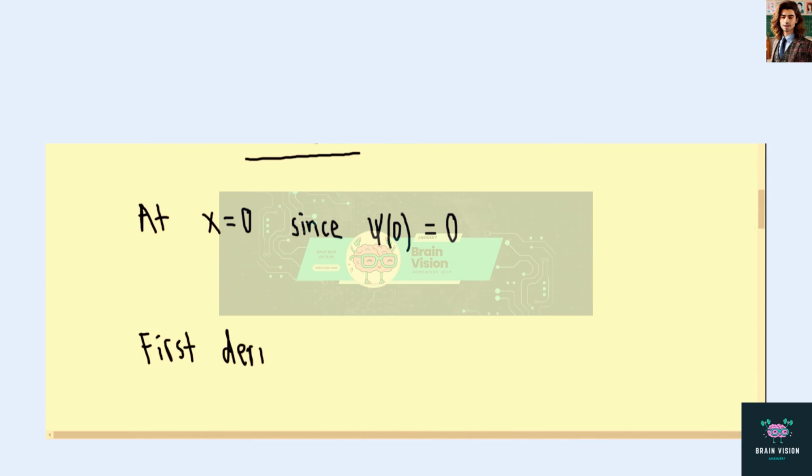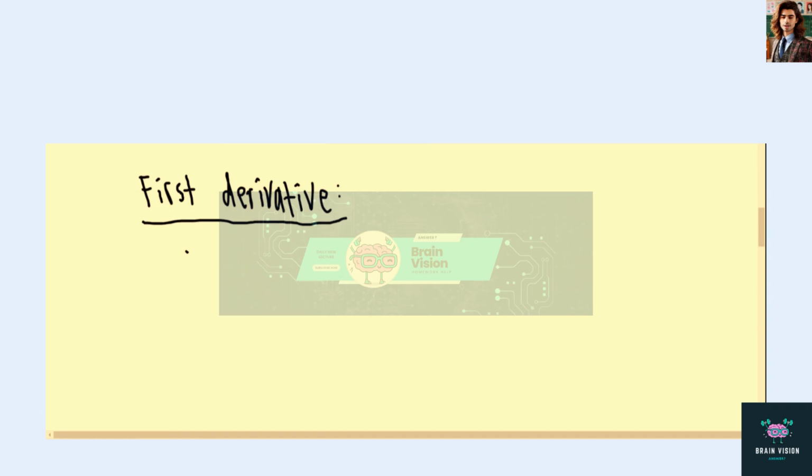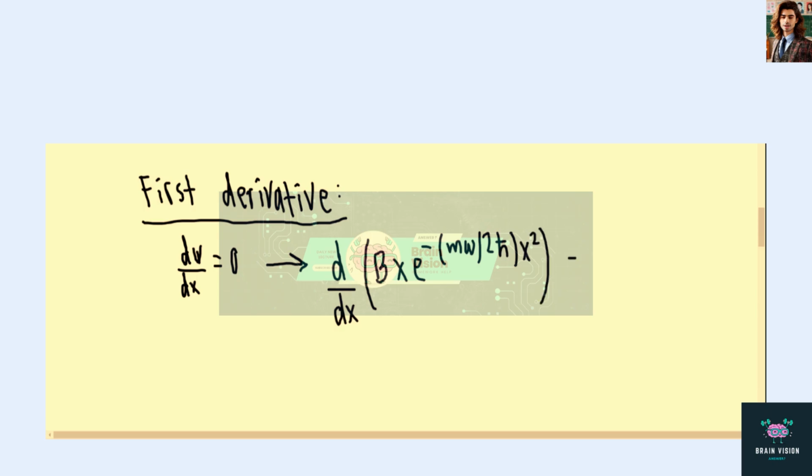So now we take the first derivative to see where we can get a maximum value for the wave function. So we take this first derivative and we set it equal to 0 to get a maximum. And if you plot the wave function, you'll indeed see that these are maxima, not minima, that we're getting.